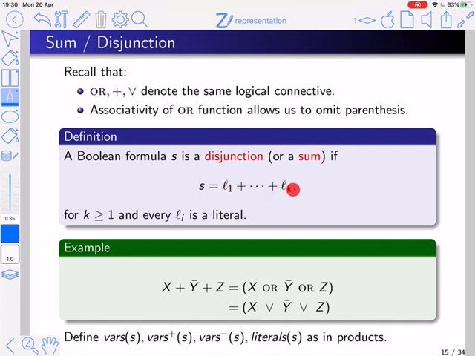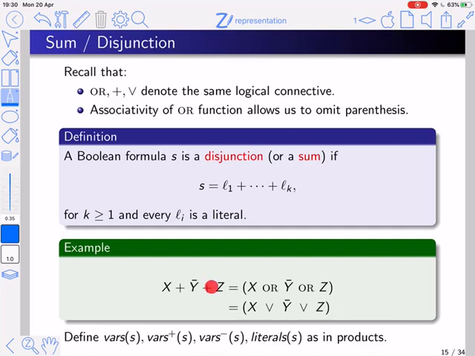Just as we had with a product which was an AND of literals, here it is an OR of literals. And again, we denote the OR connective either as OR, a plus, or a V, and associativity of the OR allows us to omit the parentheses over here.